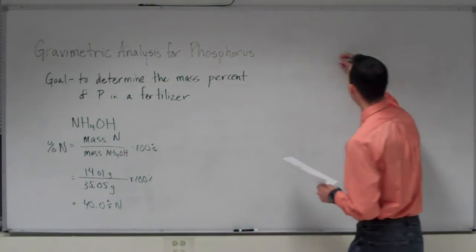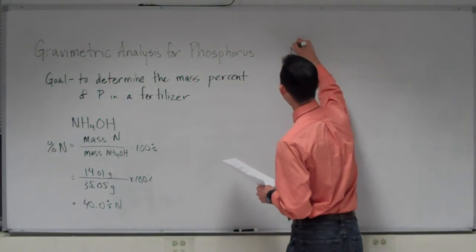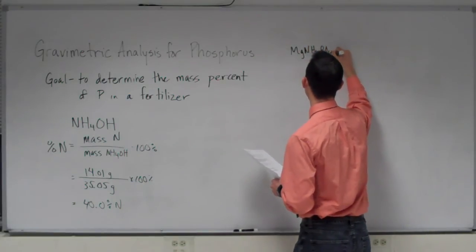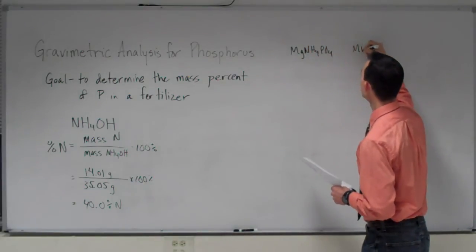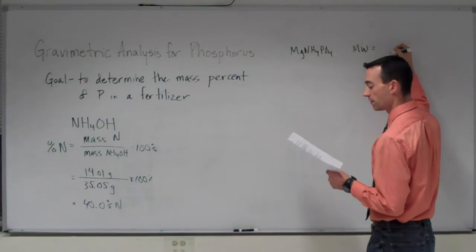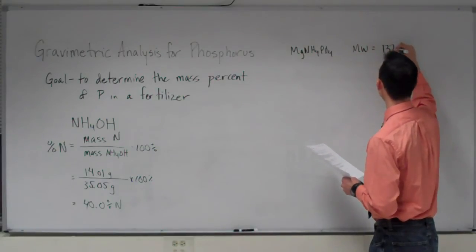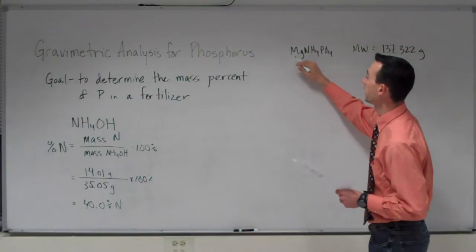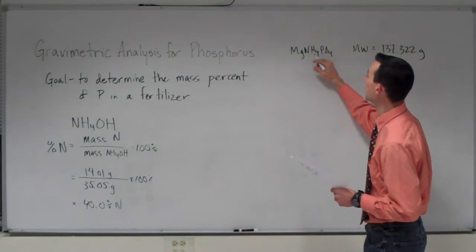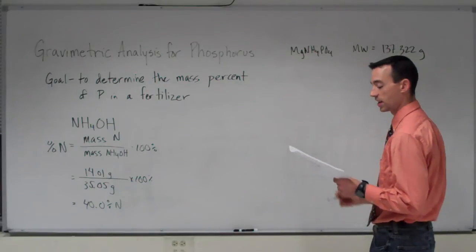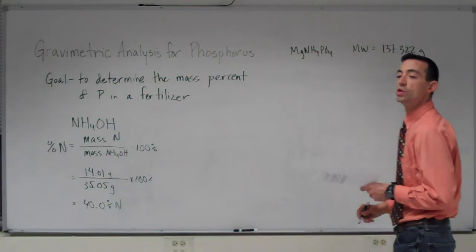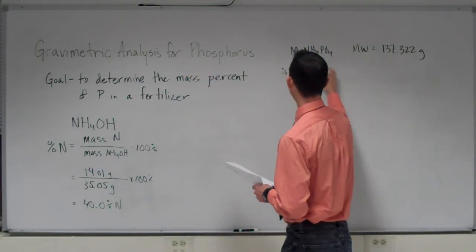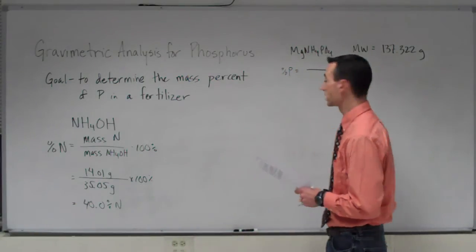Okay. So we took our phosphorus and put it into MgNH4PO4. This compound has a molar mass of 137.322 grams by adding up the magnesium, the nitrogen, 4 hydrogens, phosphorus, and 4 oxygens. So let's calculate the percentage of phosphorus just as we did for nitrogen in our first example.